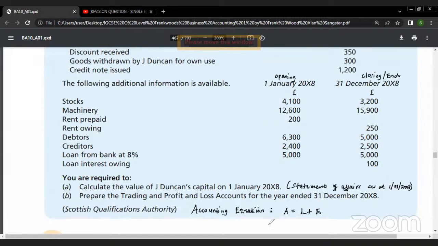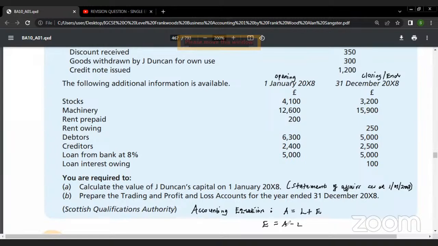So if we arrange this, it means that equity will equal assets minus liabilities. So since we have prepared a statement of affairs as at 1st January 2008, I get the assets of Duncan, minus the liabilities to arrive at Duncan's capital as at 1st January 2008.